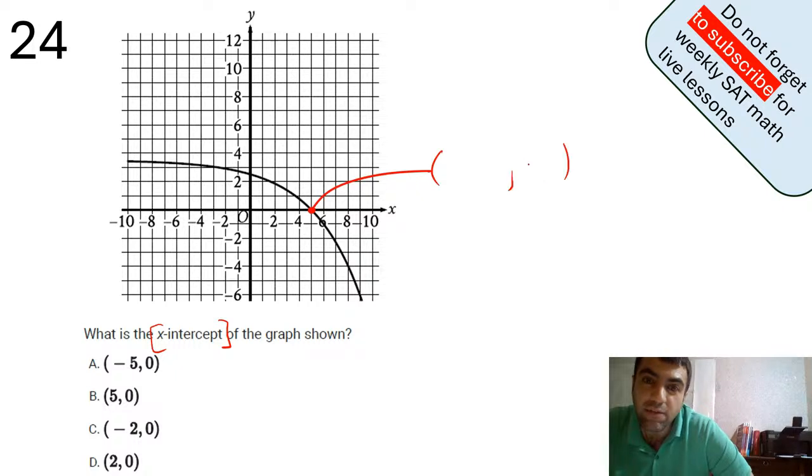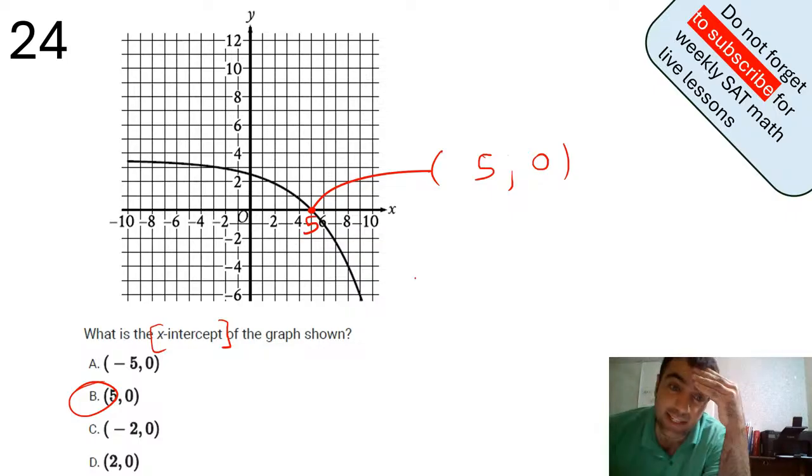And the y value of the x-intercept should be 0, and the x value is 5, right? (5, 0). This is B. Did you understand? The x-intercept of the graph, the point where it crosses x. (5, 0).